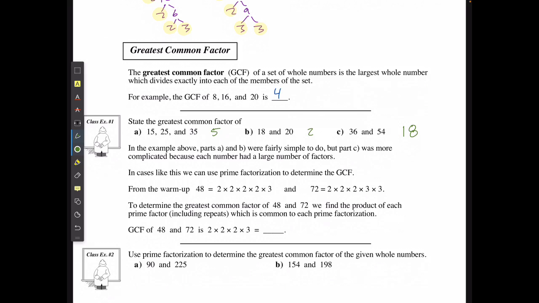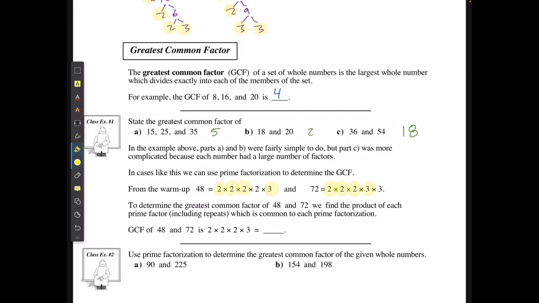When we're using the prime factorization, we're looking at, from the expanded form, what exists in every number in the set. So if I had the numbers 48 and 72, and we said that for 48 it was 4 2's and a 3, for 72 it was 3 2's and 2 3's, well, they both have at least 3 2's, and they both have at least 1 3, which means that 3 2's and a 3 is the same between both of them.